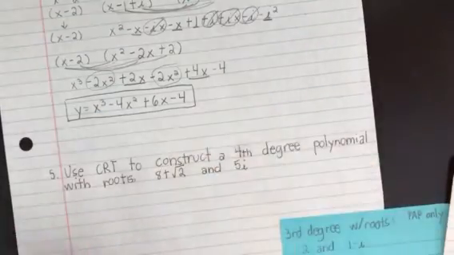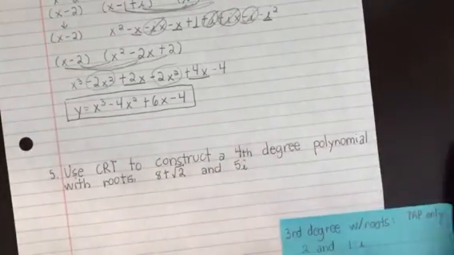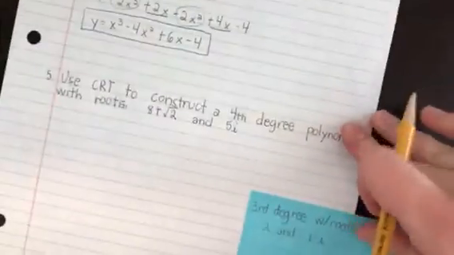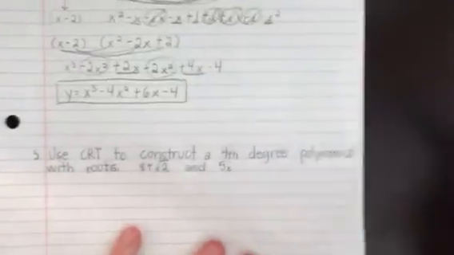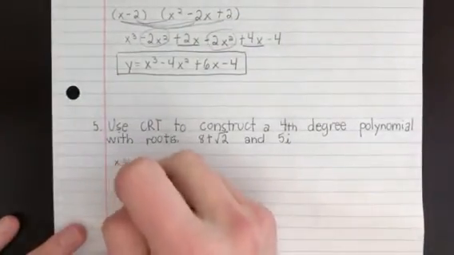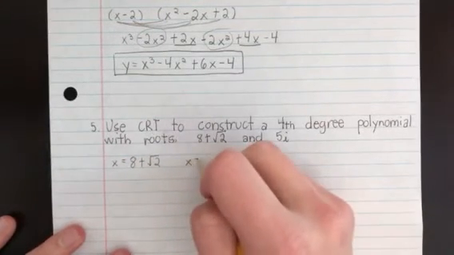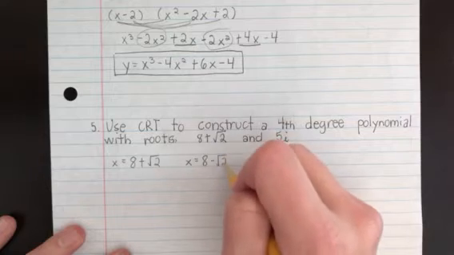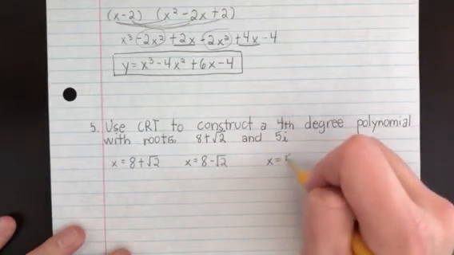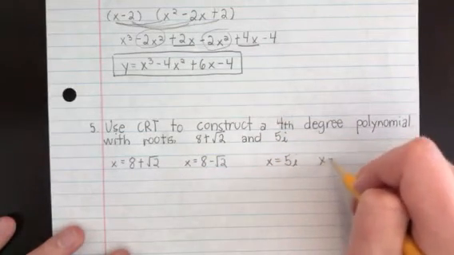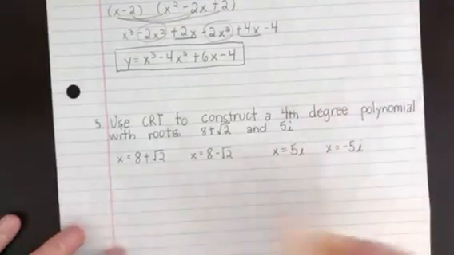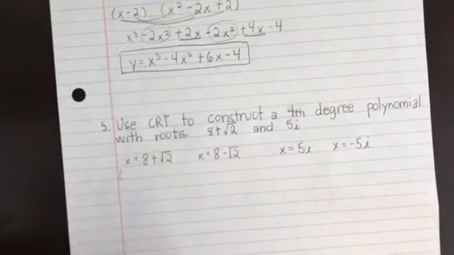Ooh, this is fun. Okay, so why is it fourth degree? Well, it's fourth degree because each of those has conjugate pairs. So I'm going to have x equals 8 plus square root of 2, x equals 8 minus square root of 2, x equals 5i, and x equals negative 5i. Watch carefully for this factor here.